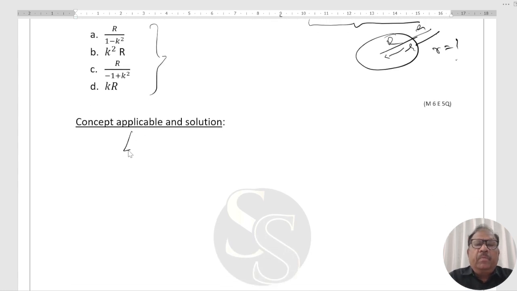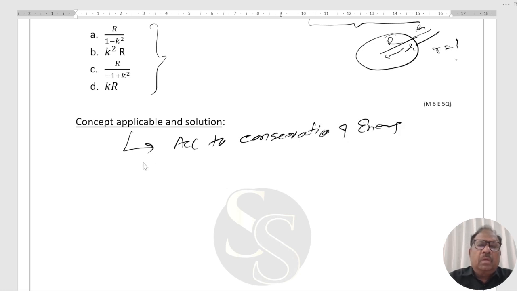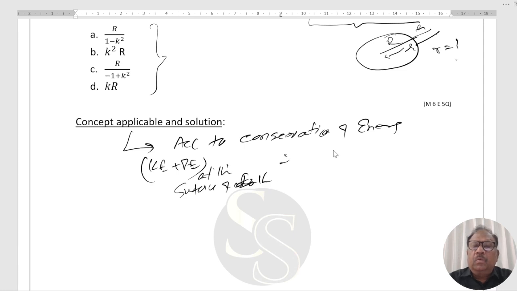Concept applicable will be here. According to conservation of energy, kinetic energy plus potential energy at the surface of Earth is equal to kinetic energy plus potential energy at maximum height.